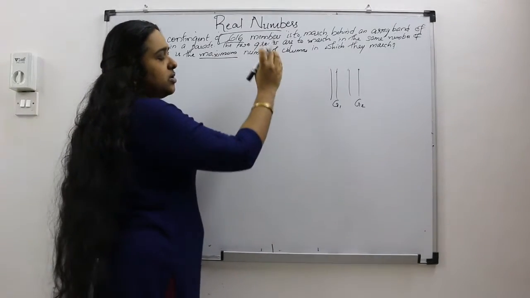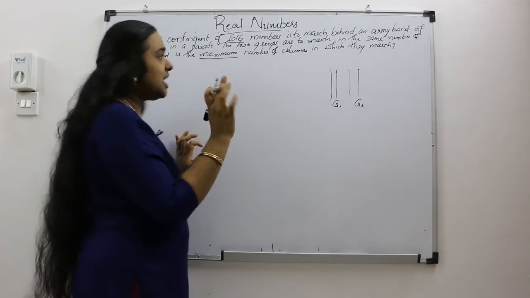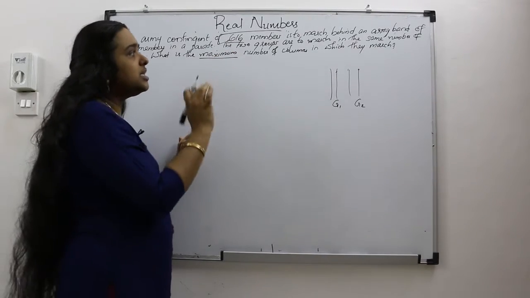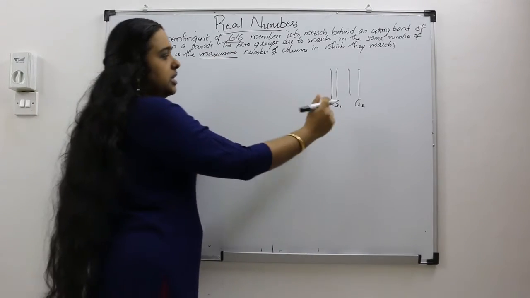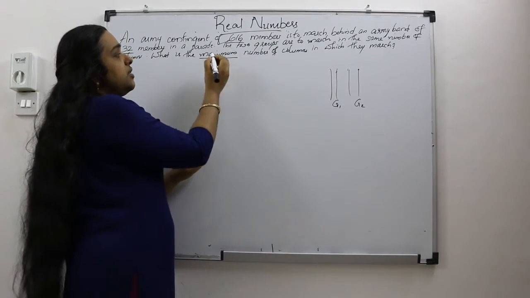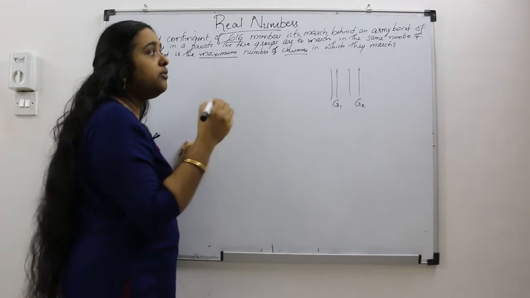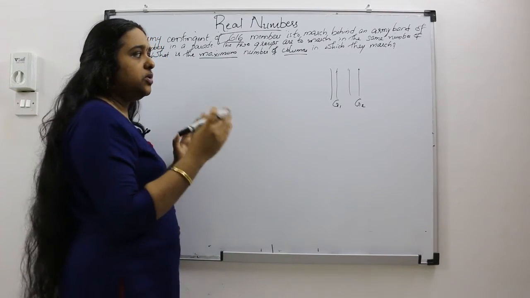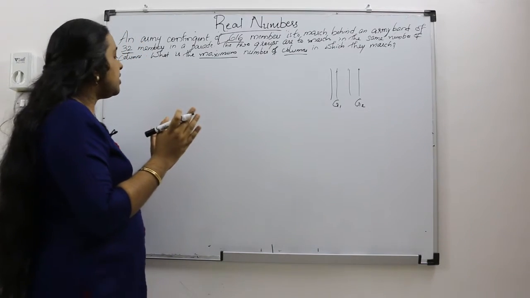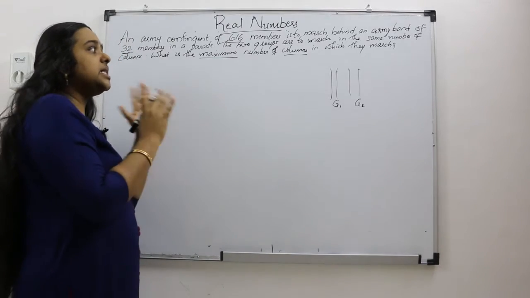Since both groups march in the same number of columns, that number will be common to both.